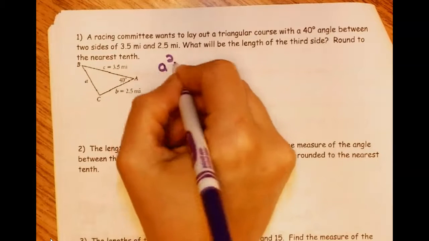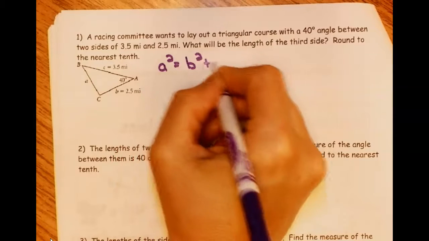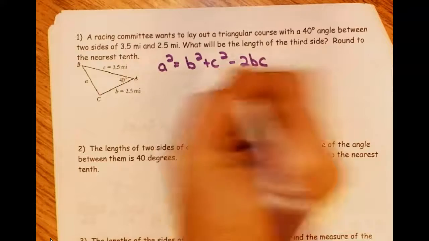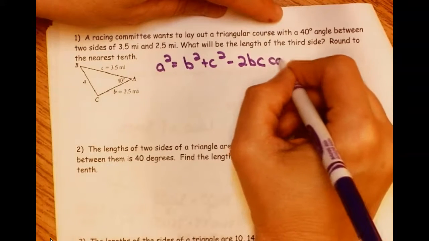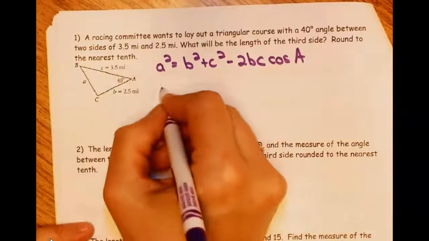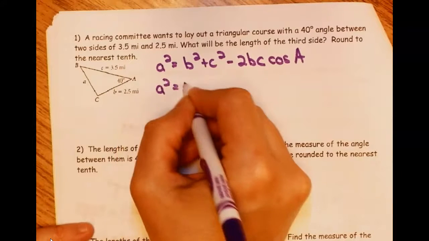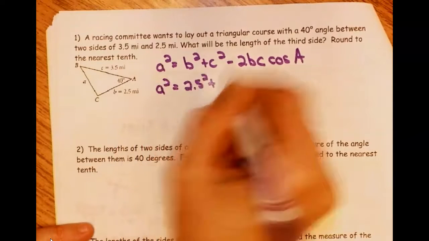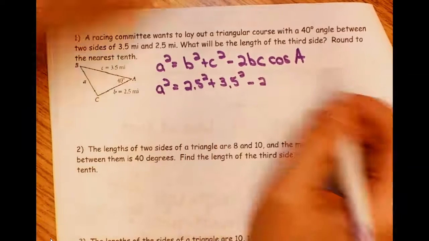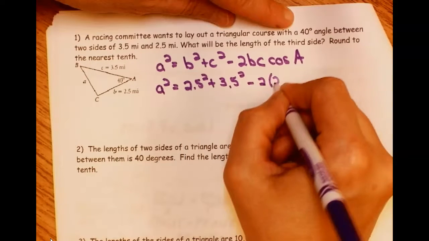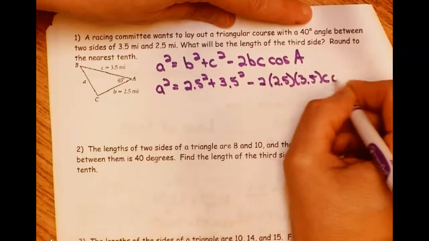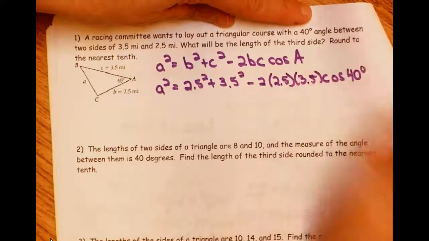That formula says a squared equals b squared plus c squared minus 2bc, notice these are the same, and then the cosine of A. So we're looking for A. We've got b squared, we've got c squared, and then again over here, 2.5, 3.5, cosine of 40 degrees.